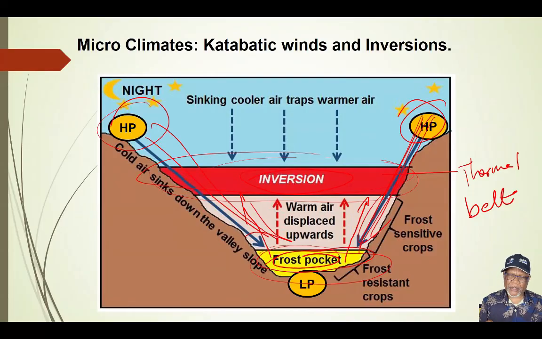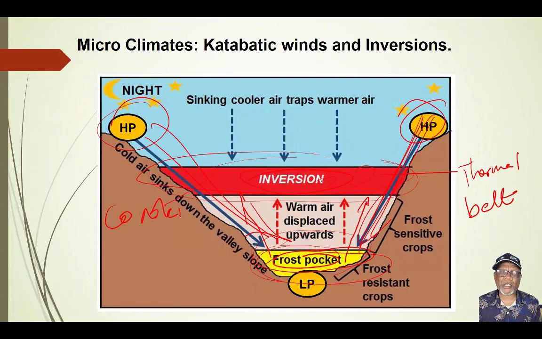But at night, this warm air, which is going to be in contact with this cold surface, in the early hours of the morning, once the warm air touches the cold surface, condensation takes place.